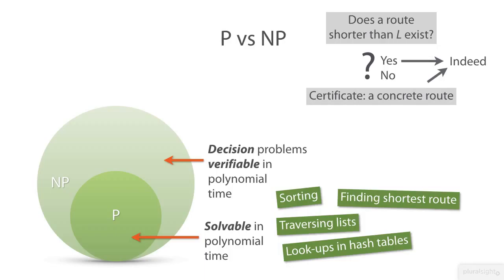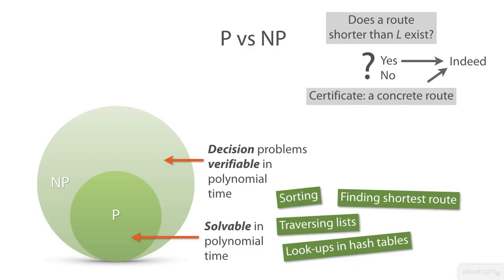So to recap, a problem is in complexity class NP if it can be answered with yes or no, and in case of a yes, that yes can be verified in polynomial time by the means of a concrete example or certificate. As you can see, I have drawn P inside NP.